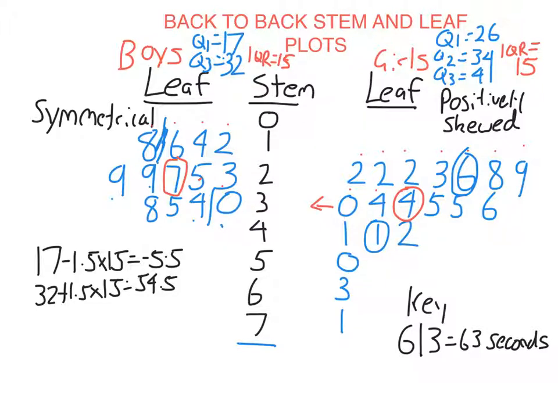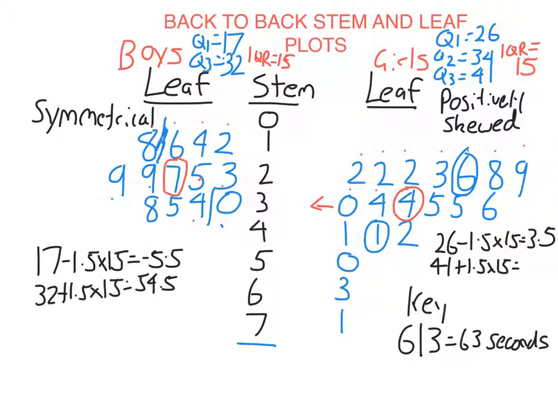So for the girls, a score will be an outlier if it's less than Q1 minus 1.5 times the interquartile range, which is 3.5. There are no scores that were less than 3.5. It will be an outlier if it's more than Q3 plus 1.5 times the interquartile range, which is 41 plus 22.5.